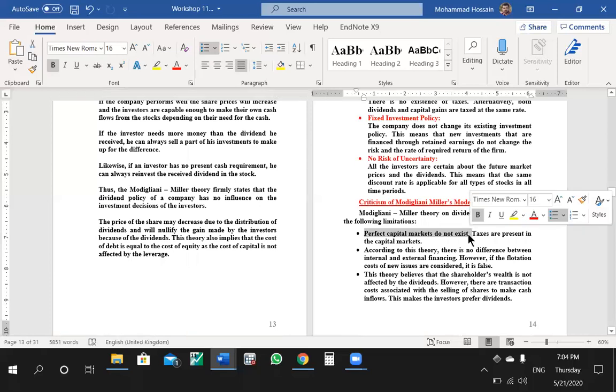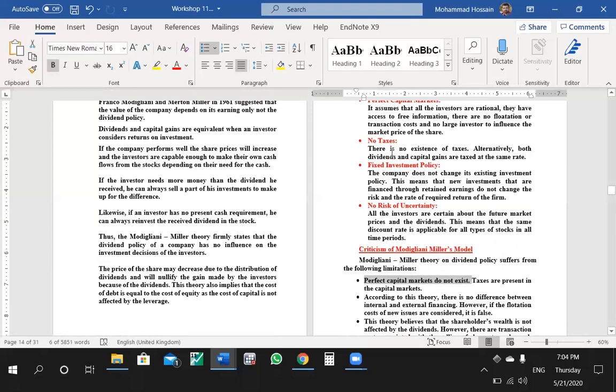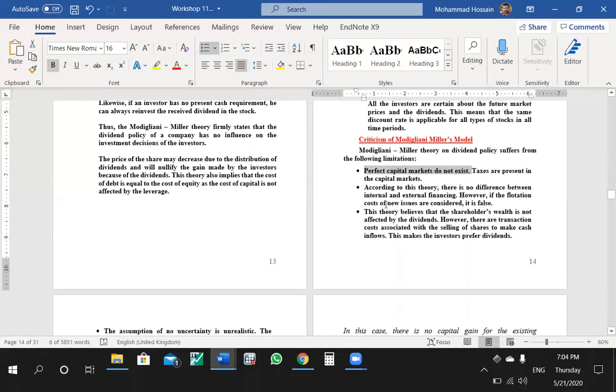Taxes are there, tax needs to be paid. When you make a profit on dividend, you have to pay taxes, that's taxable income. Then those things about risk, fixed investment policies.